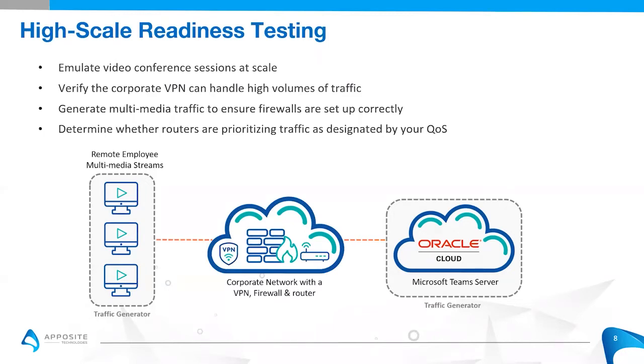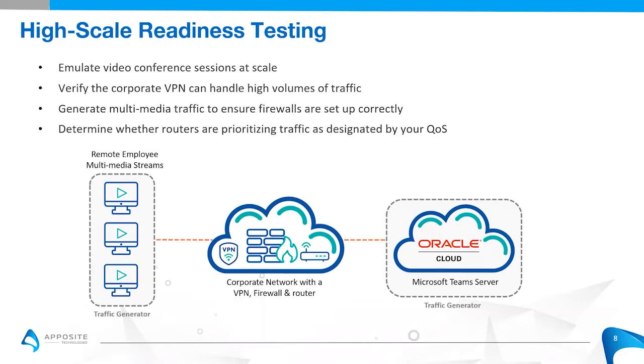You can verify that your VPNs can handle high volumes of traffic. You can generate different types of media. Maybe some media is supposed to get through, some isn't, so you can validate your firewalls, and then you can verify your routers and switches are prioritizing your traffic correctly.